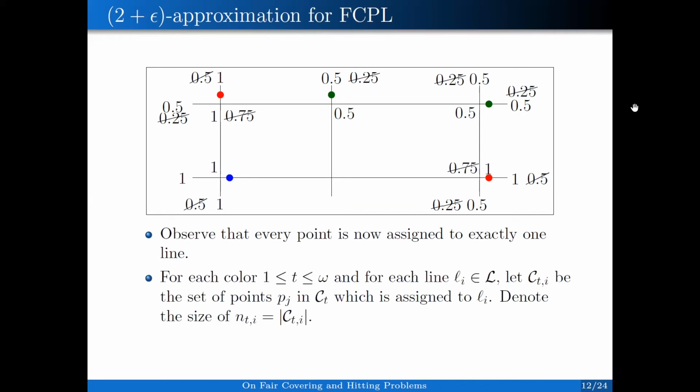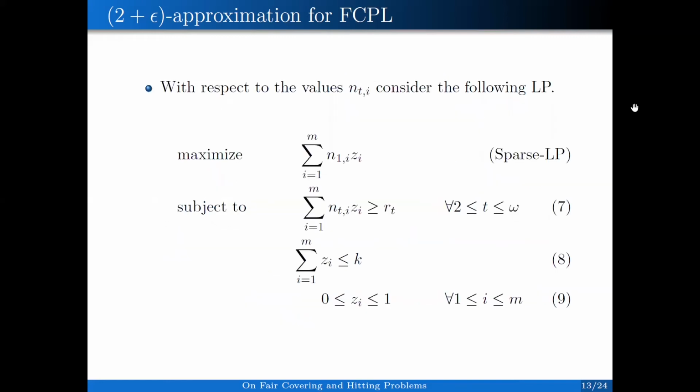In particular, for the ith line Li and the tth color class, let nti be the number of points on Li from the tth color class. Then if I pick the line Li, then for each t, I can cover exactly nti points. And using that structure, we will write down or construct a new LP.